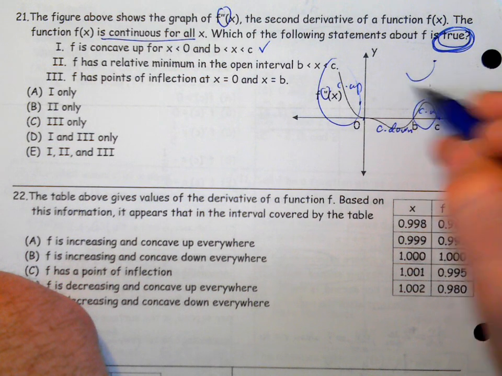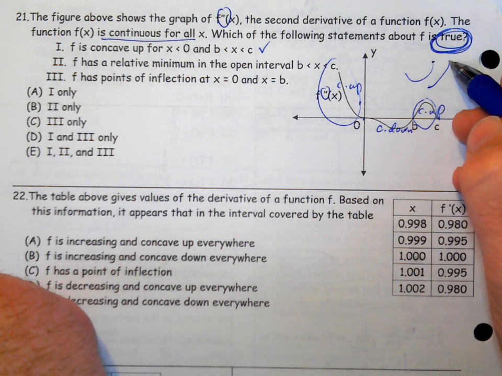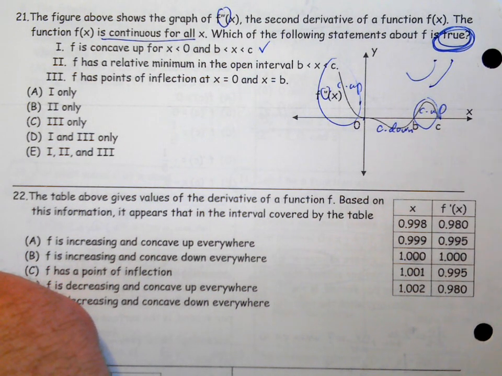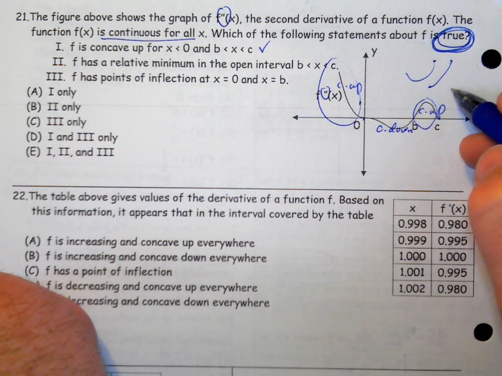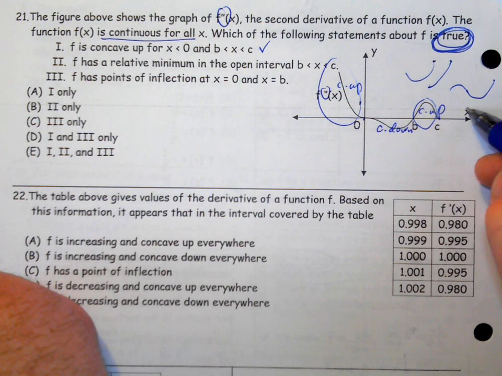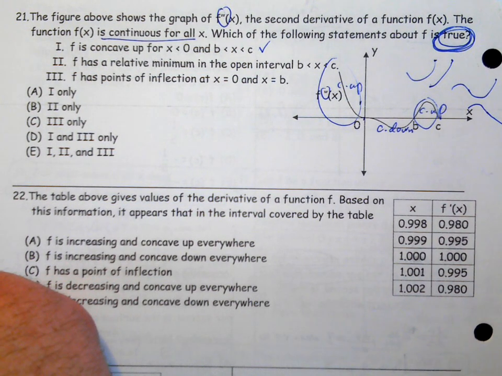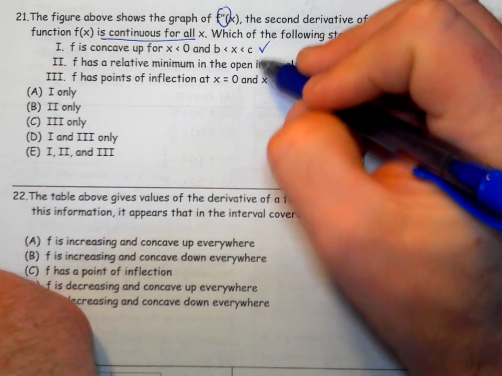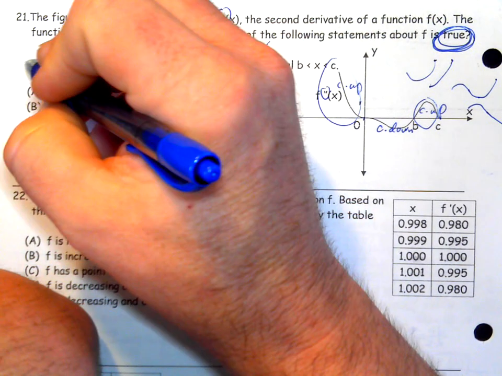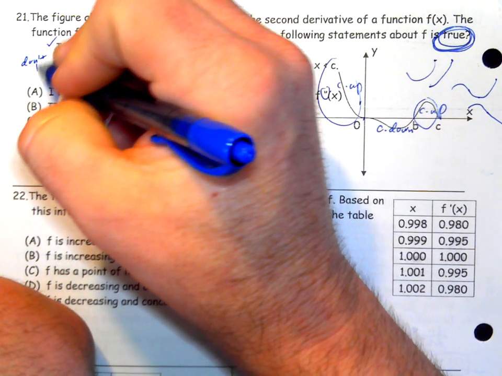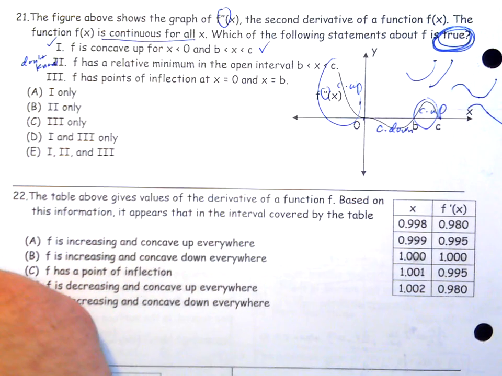But we don't know if it's like that. I mean, it goes from concave down to concave up, but does it go from concave down to concave up like that? I mean, it could have a min. We don't know. It could. Don't know, but it has to be for sure true all the time.